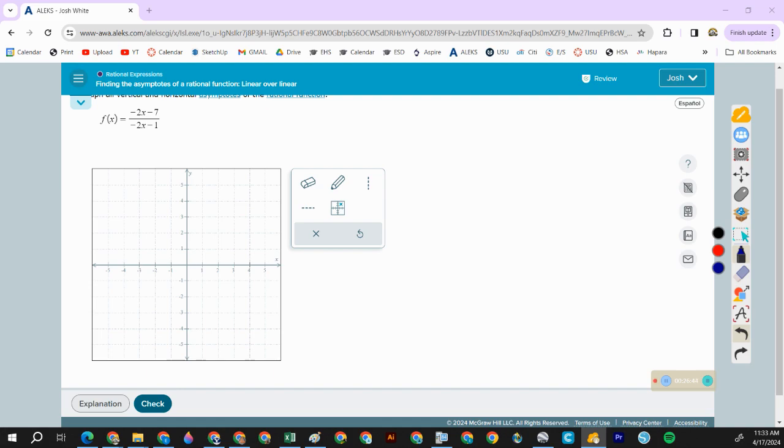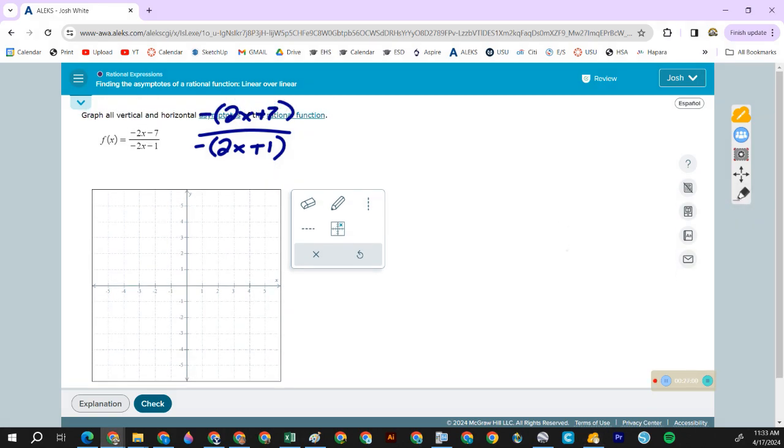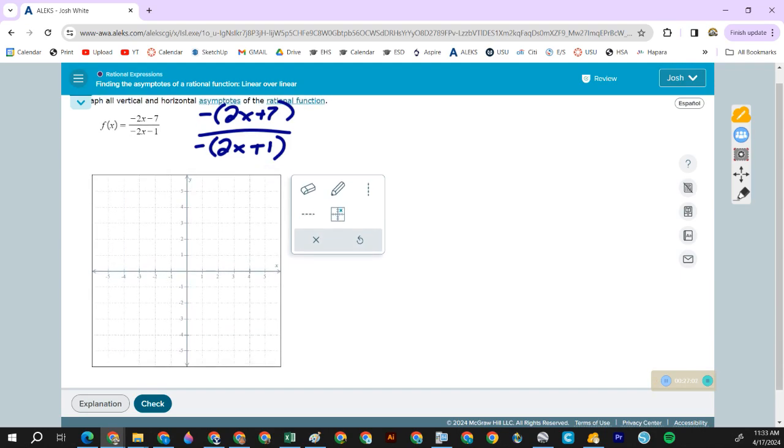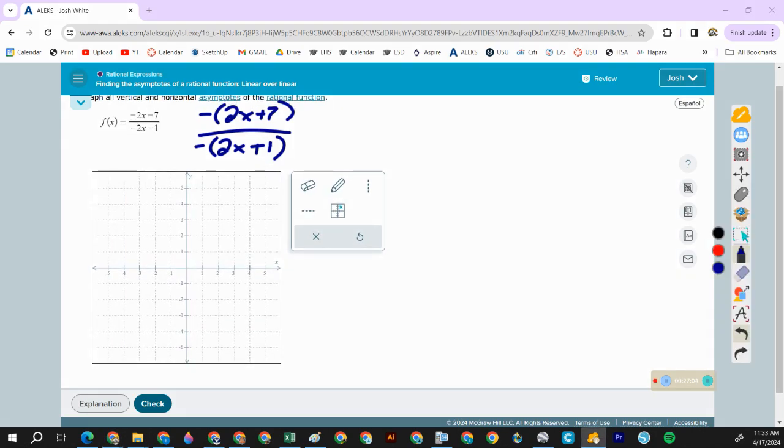So I'm going to pull out a negative 2x plus 7, and pull out a negative 2x plus 1. Okay, so it wants vertical, horizontal. We're just going to do the whole thing, just for review. I have a VA at negative 1/2.